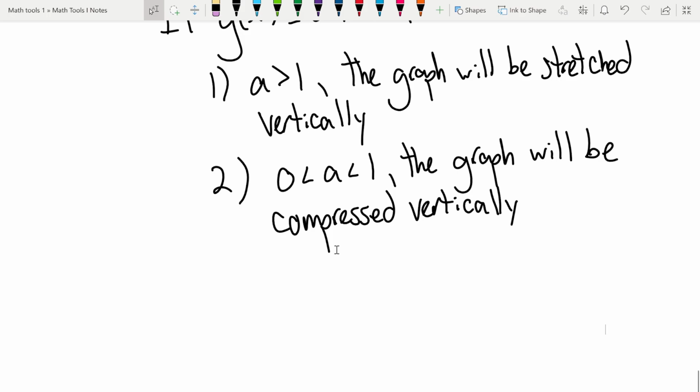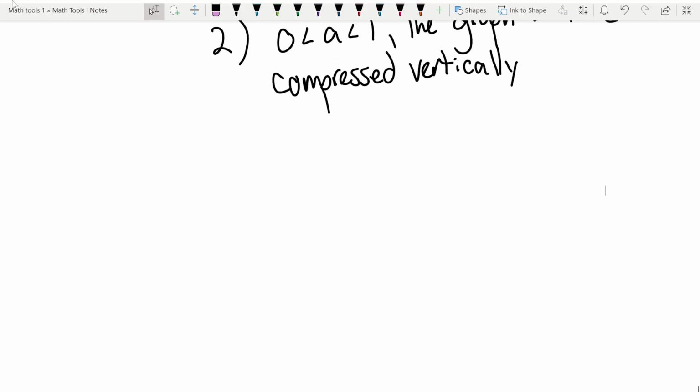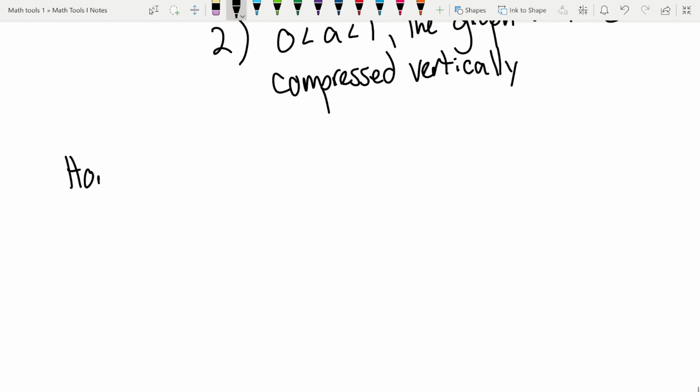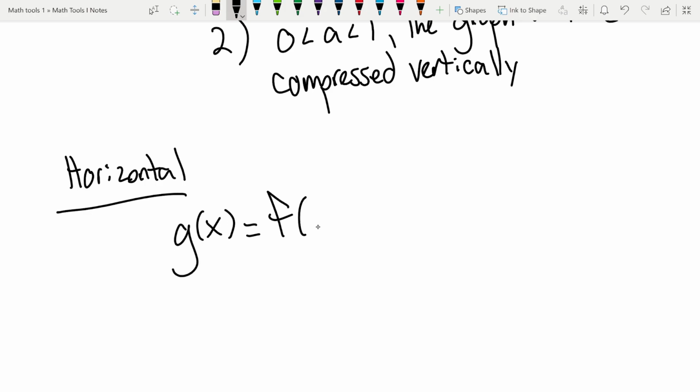So now we will look at the horizontal version of this, which is essentially the same thing, but we are going to be multiplying some number by the input, by the x, right? So we can write down the rules first because they're going to follow essentially the same rules.